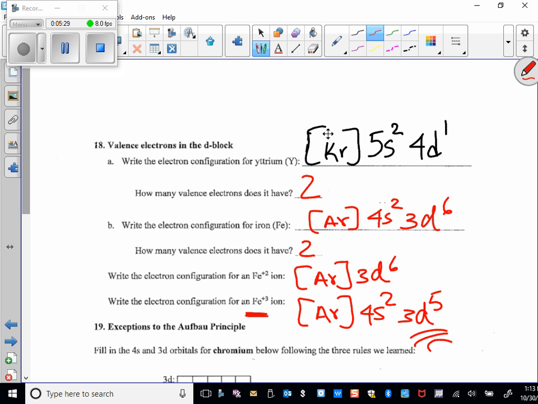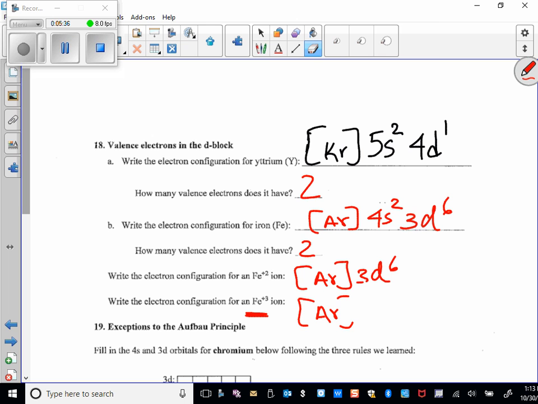What is it that elements love to have? Why do they love 3d5? Because that's half filled.